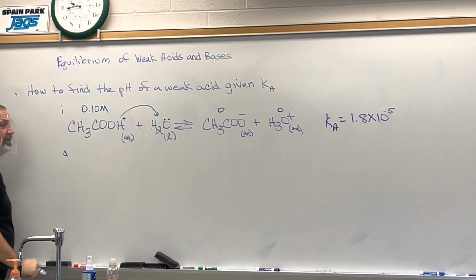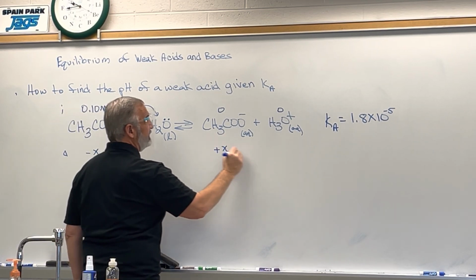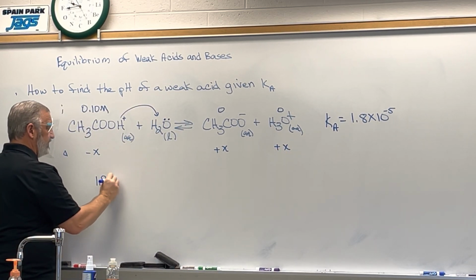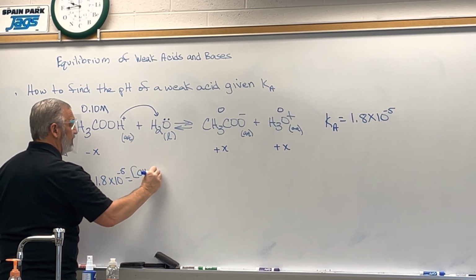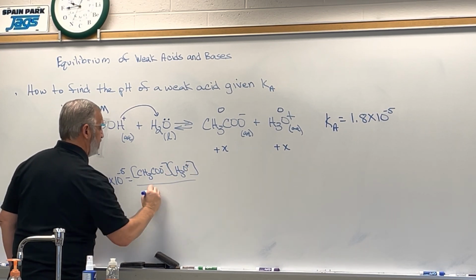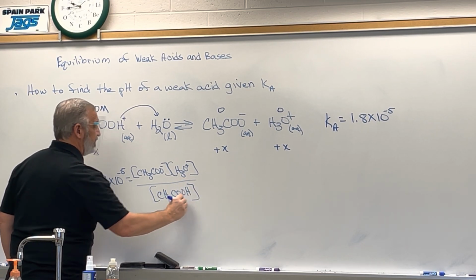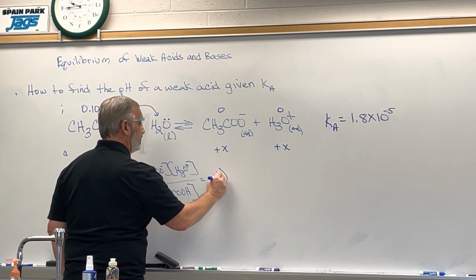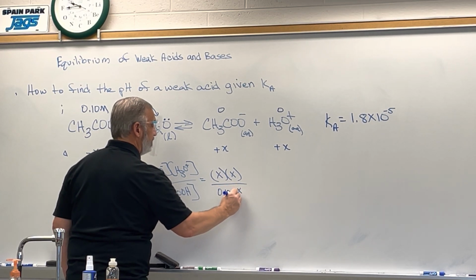What's the change going to be? Minus x, plus x, plus x. So 1.8 times 10 to the minus 5 equals [CH3COO minus][H3O plus] over [CH3COOH]. Now we just plug in: x times x over 0.10 minus x.